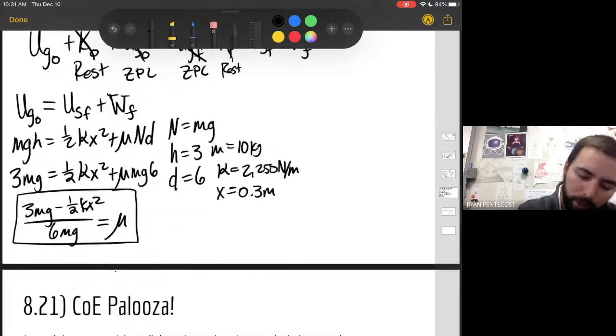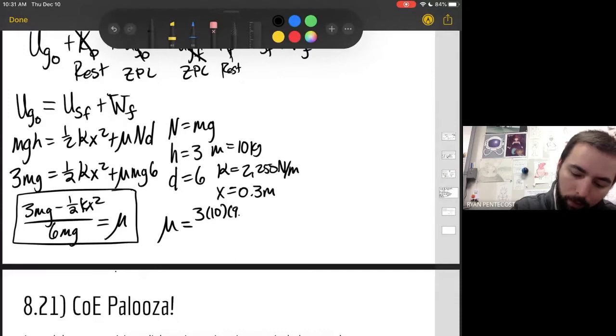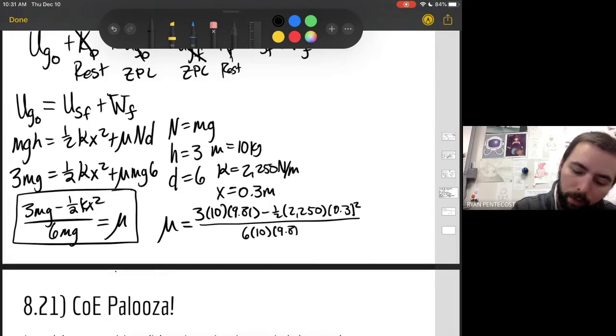So if we plug this in, our mu would equal 3 times 10 times 9.81, then you subtract 1/2 times 2,250 times 0.3 squared, all divided by 6 times 10 times 9.81.